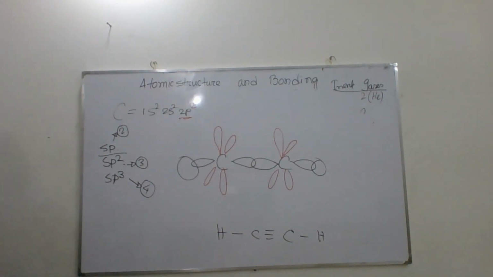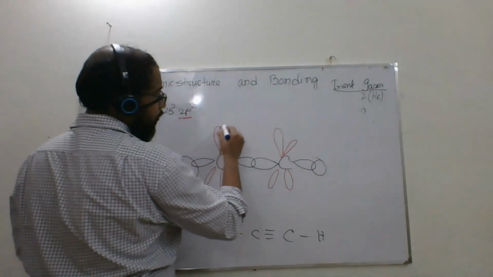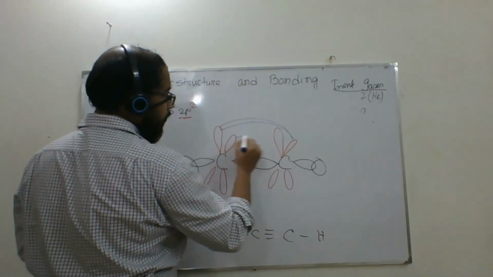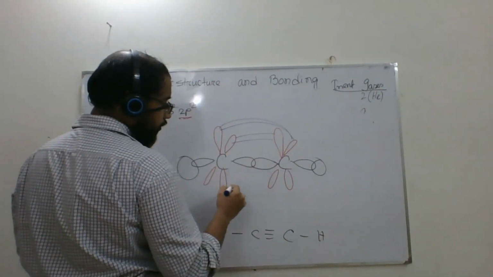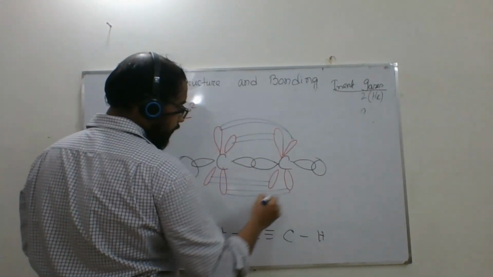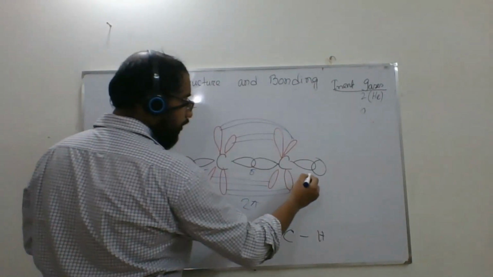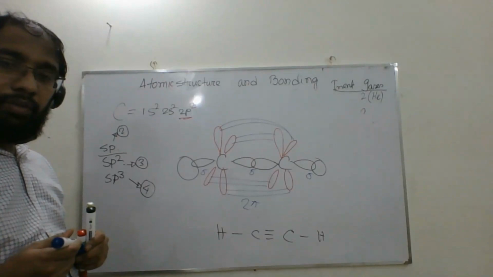Okay, if they are not bonding with anyone, then they will go for pi bonding. So there are 2 pi, 1 sigma, 1 sigma, 1 sigma, so 3 sigma and 2 pi bonds.